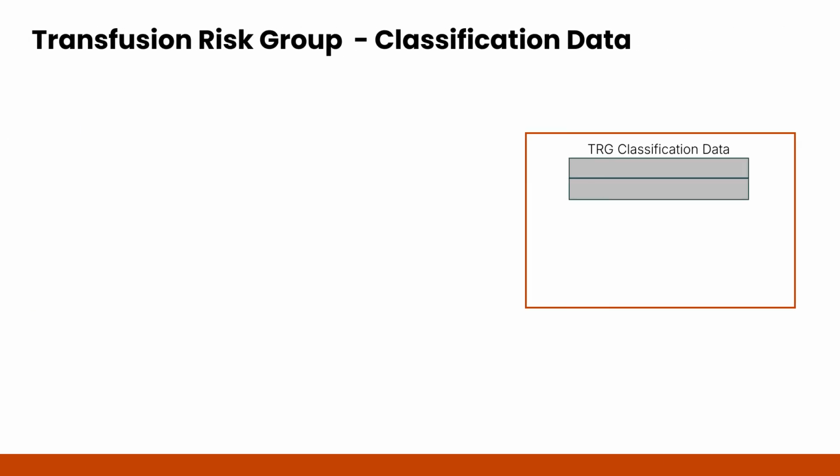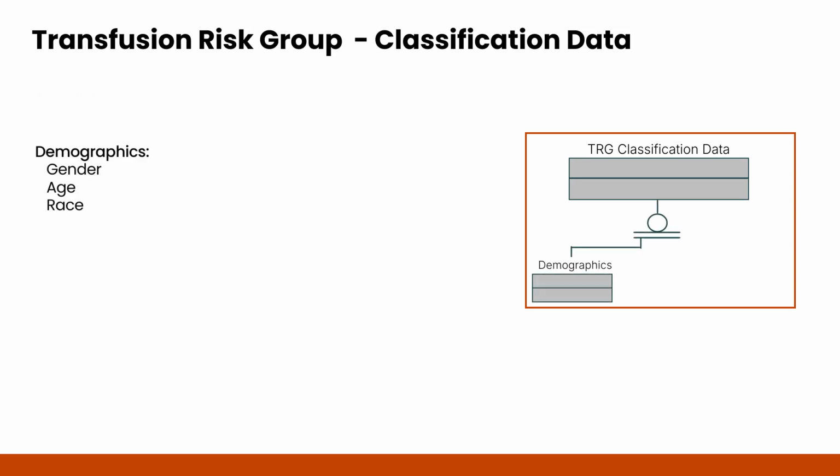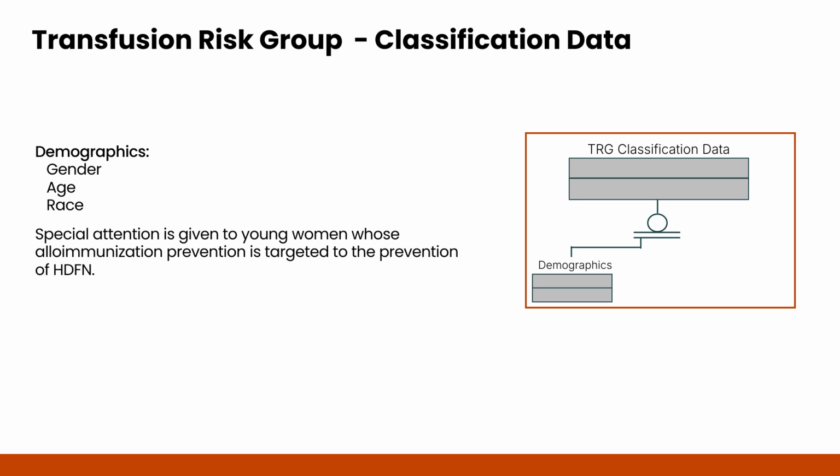The important question is, what data is required for the TRG mechanism to work? Classification data. TRG classifies patients based on 3 categories: demographics, clinical, and laboratory. Demographics data includes gender, age, and race. Special attention is given to young women whose alloimmunization prevention is targeted to the prevention of HDFN.